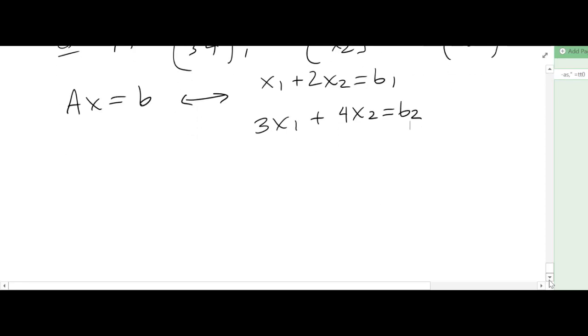Now if we solve for x1 and x2 in terms of b1 and b2, that'll give us the coefficients of A inverse. So x1 is b1 minus 2x2.